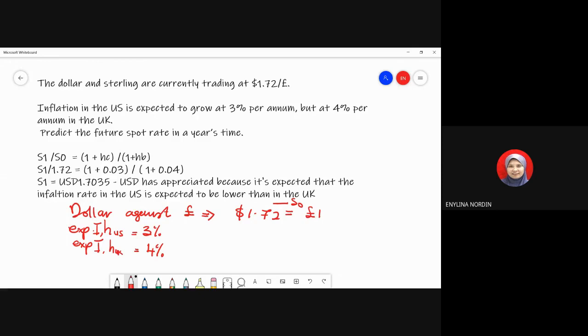It is shown here: S1 divided by S0 equals 1 plus the inflation rate in the US, divided by 1 plus the inflation rate in the UK. So we just substitute.